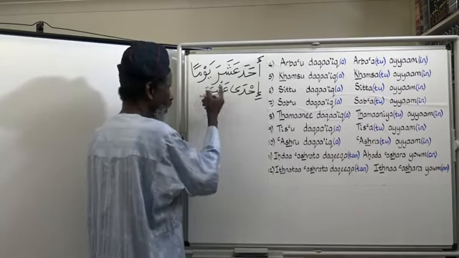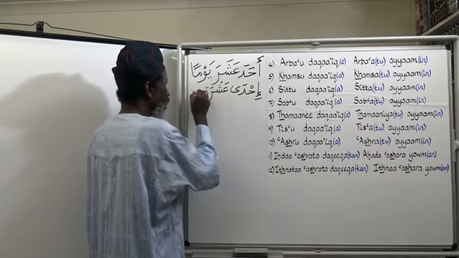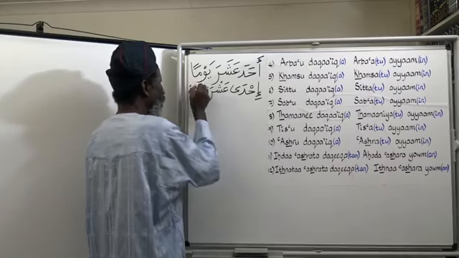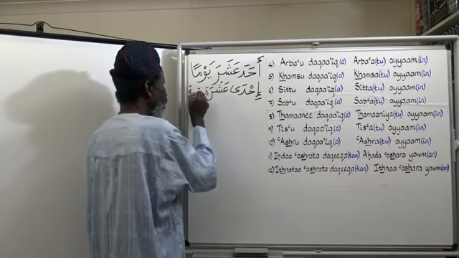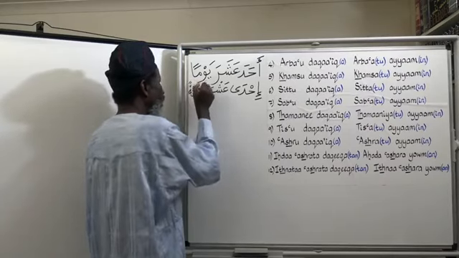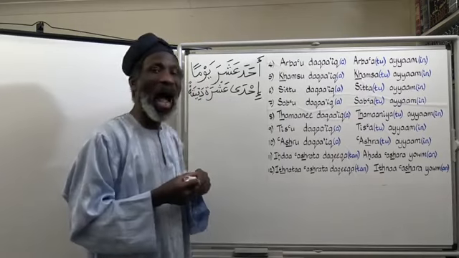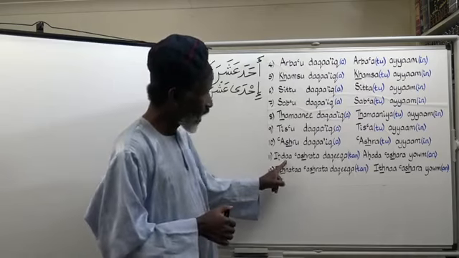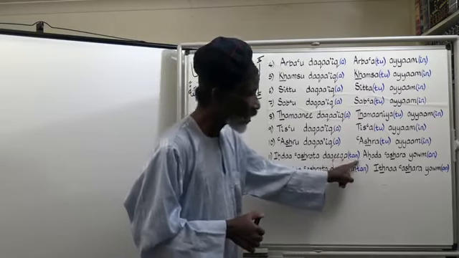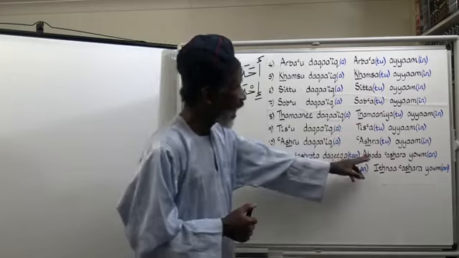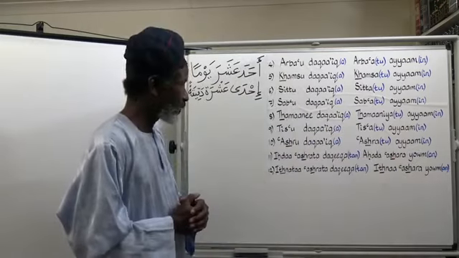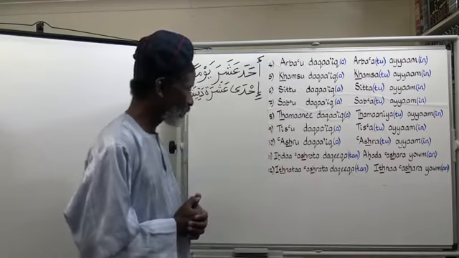In this case, it will be the same. دقيقة. So إحدى عشرة دقيقة. And أحد عشر يوما is 11 days. And this is 11 minutes.